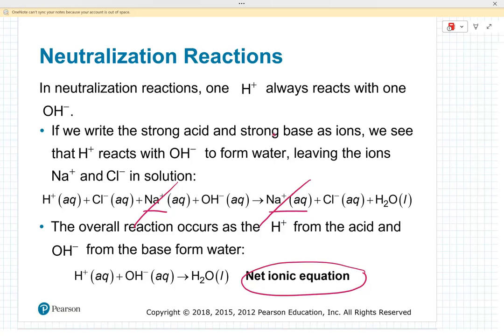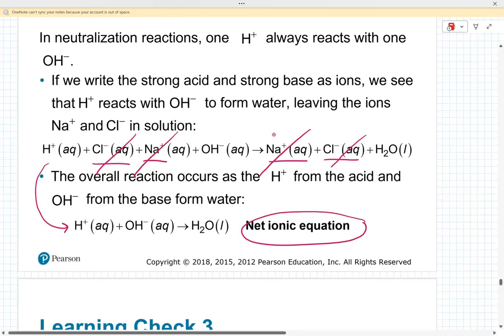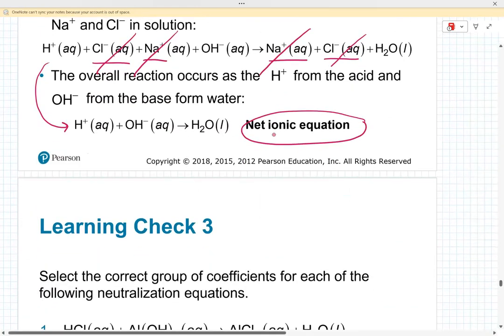Chloride on the left and chloride on the right, you can cancel them out. And this produces what's called net ionic equations. Ions that are present both on the left and on the right are cancelled out. Okay?